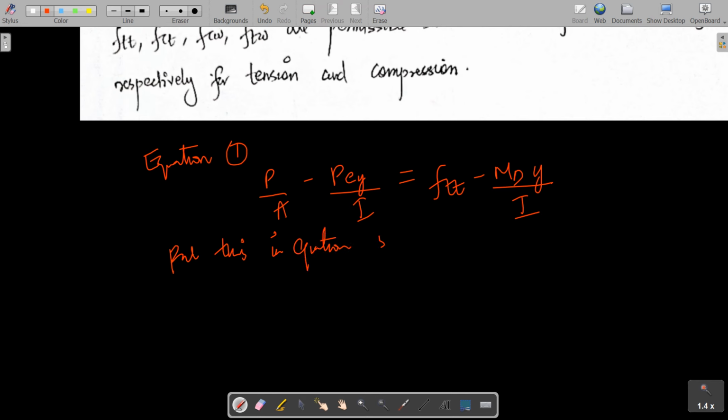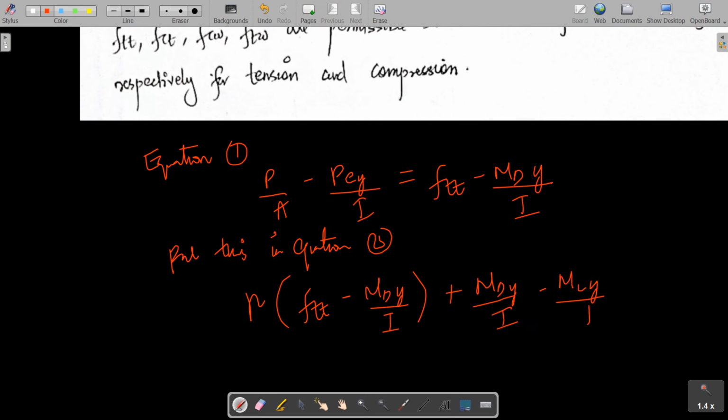in equation 3 you will get the loss factor into FTT minus MD into Y by I plus MD into Y by I minus ML into Y by I must be less than or equal to FCW.